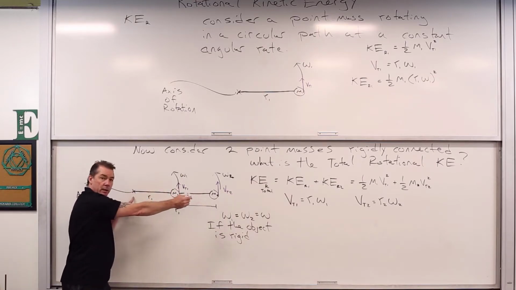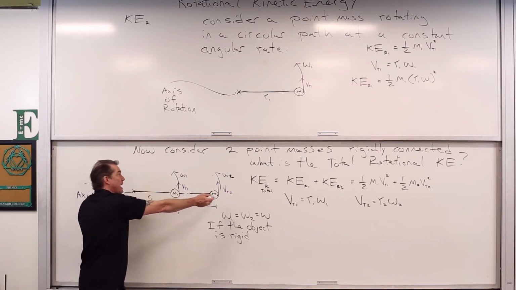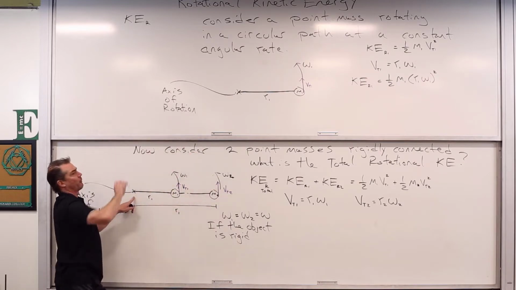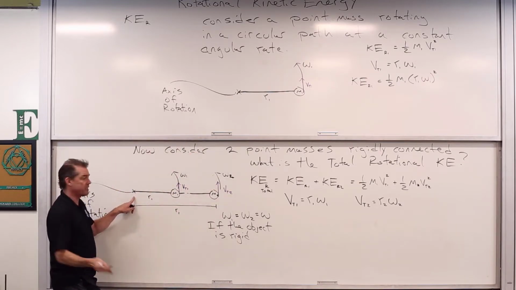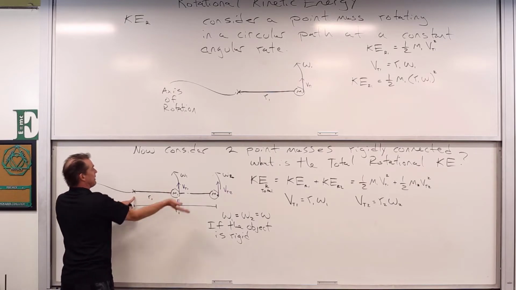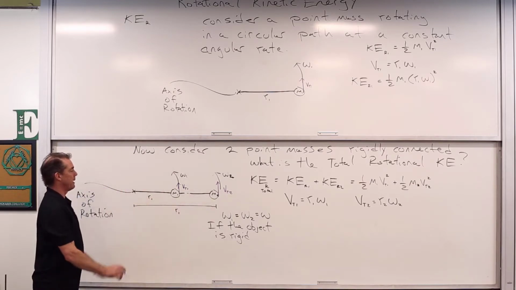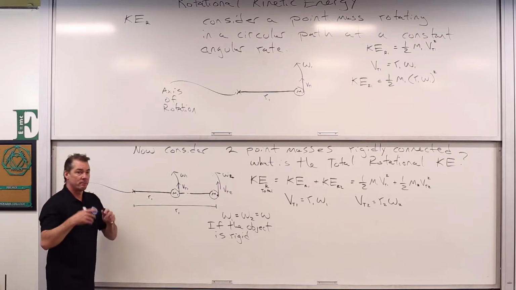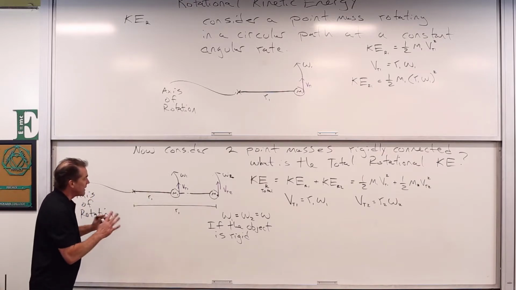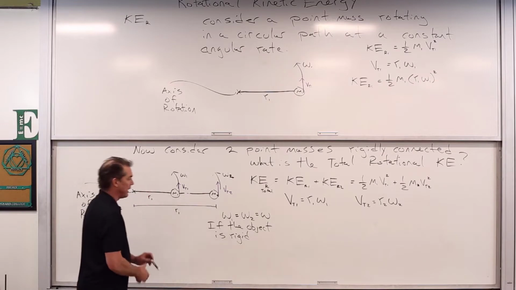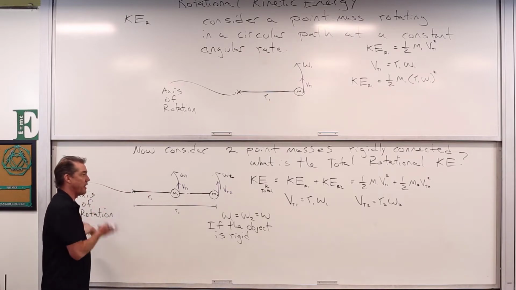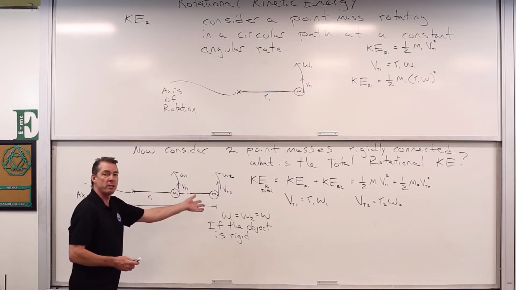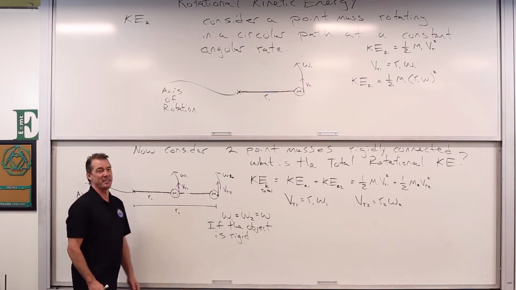The one that's furthest away from the axis of rotation, because it has a relatively greater distance, and it must travel that in the same amount of time as this object as it sweeps through the same angle in the same amount of time. So, this is where rotation really necessitates that you take a close look at things. It's not just how fast the object's moving, because different points on the object are moving at different rates.